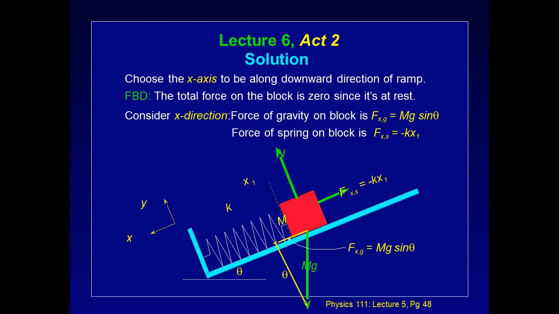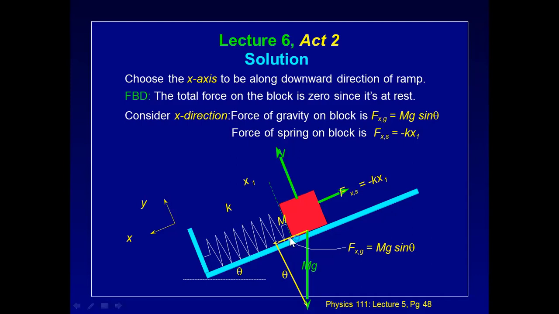Now, the first step to solve this one is to consider the free body diagram. Your theta here is equal to the angle here. Remember that the weight points downwards, so m times g.